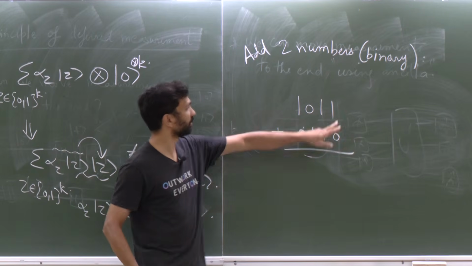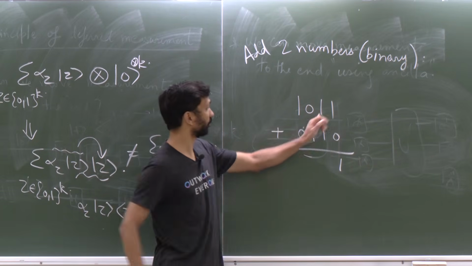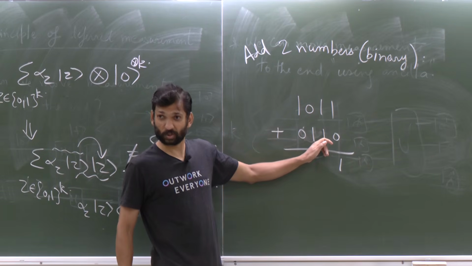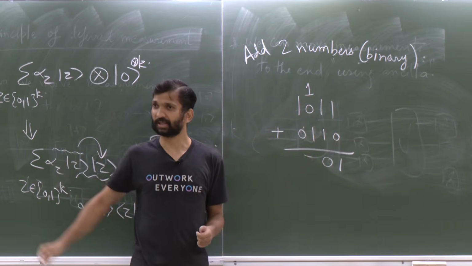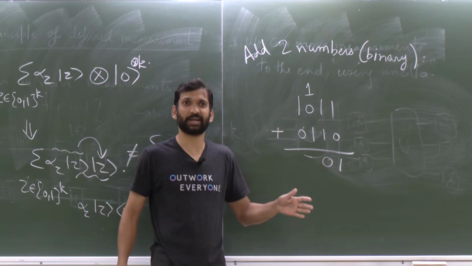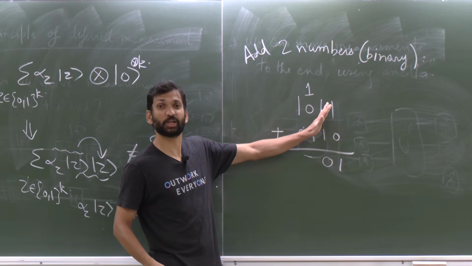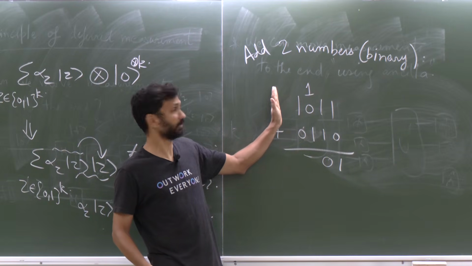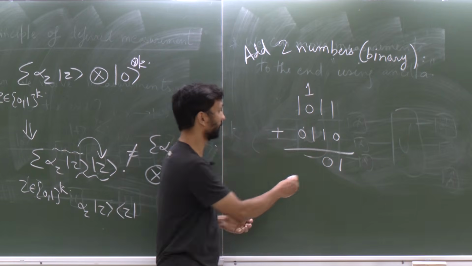What it means is 1, 0, 1 plus 0 is 1. 1 plus 1 is 1, 0. That means 0 comes here, I carry 1. Right? And if you understand addition in base 10, it's very obvious why you are doing it. You are basically transferring 2 into the next digit. Now 1 plus 1 is again 10.